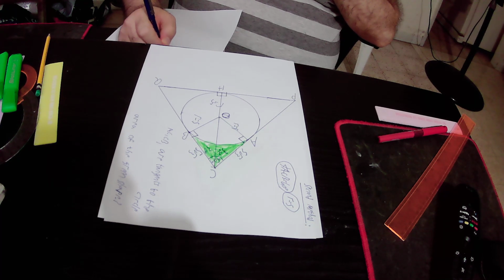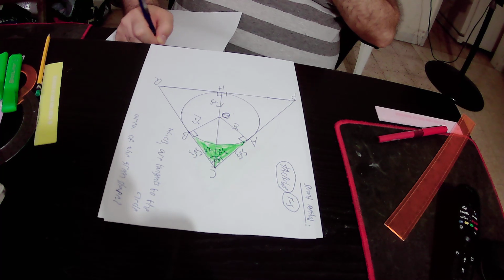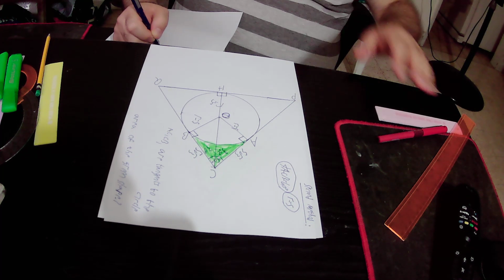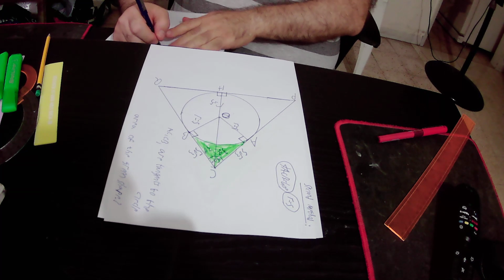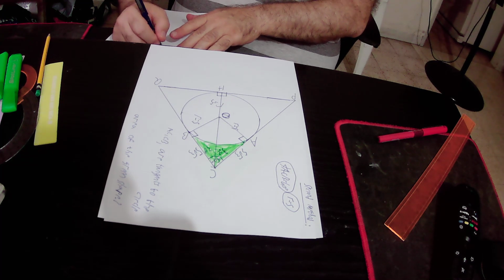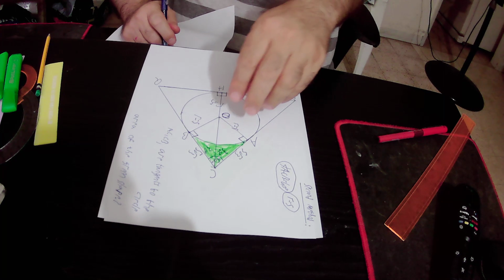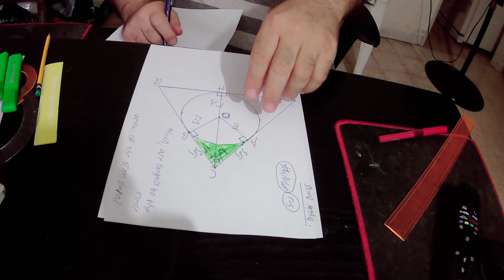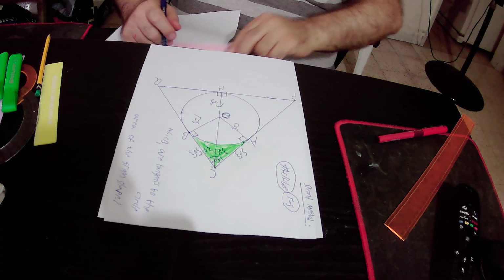So on the right triangle CPH, we know that the sum of the angles in this right triangle CPH equals 180 degrees.